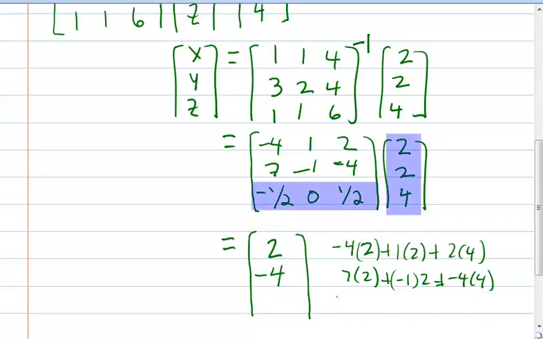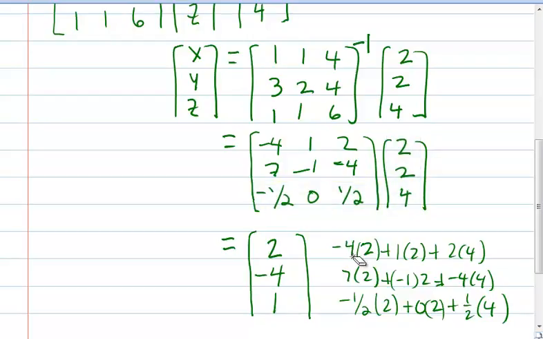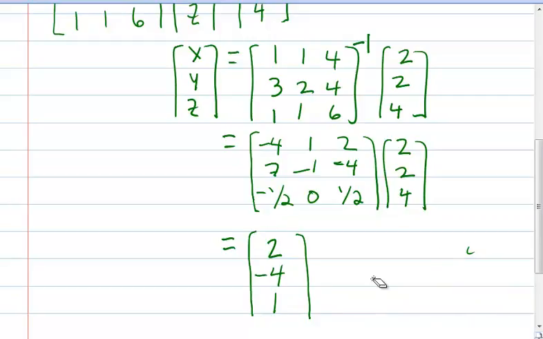Third position, I have -1/2 times 2, plus 0 times 2, plus 1/2 times 4. So that's 2 minus 1 gives me a 1. Let me get rid of all those little calculations over here.